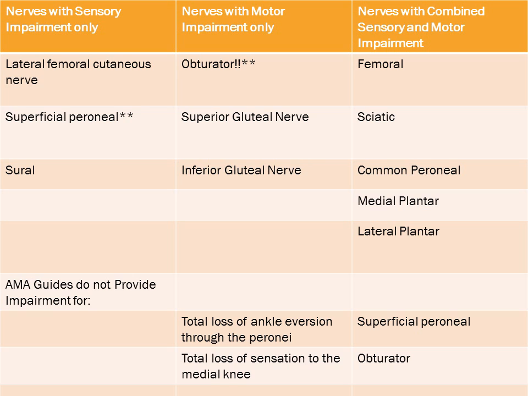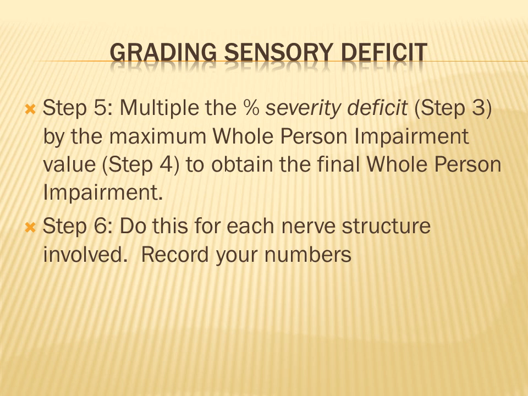Okay, so once we've identified the maximum impairment value of each of the nerves involved, we then go on to step 5. Step 5 is to multiply the percentage of severity deficit, and remember that severity of sensory deficit comes from table 16-10A.